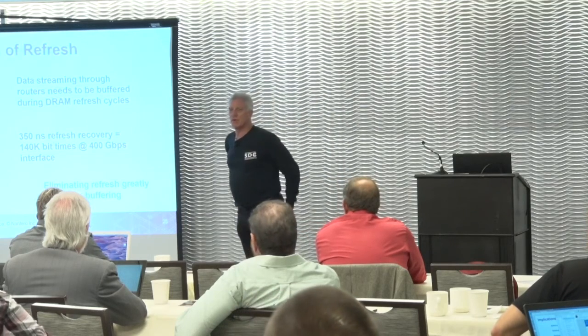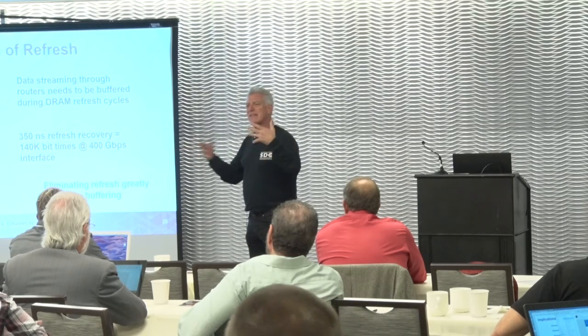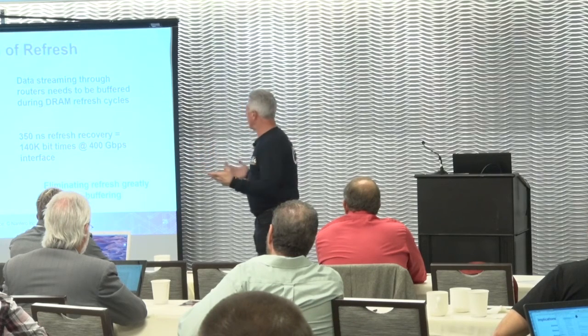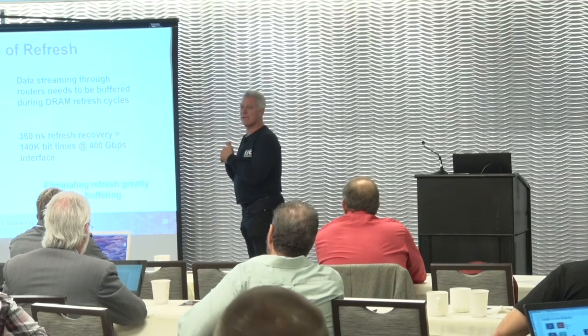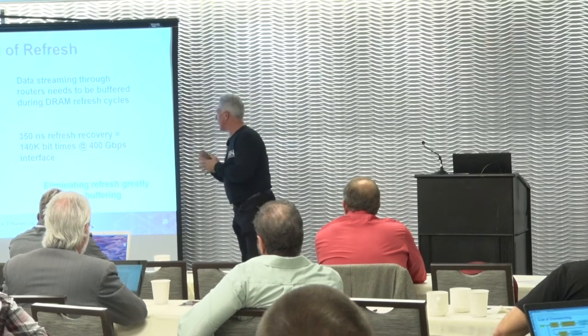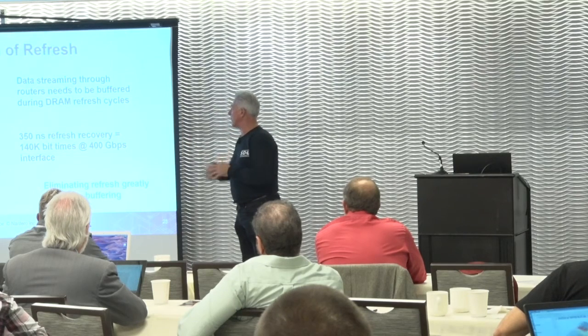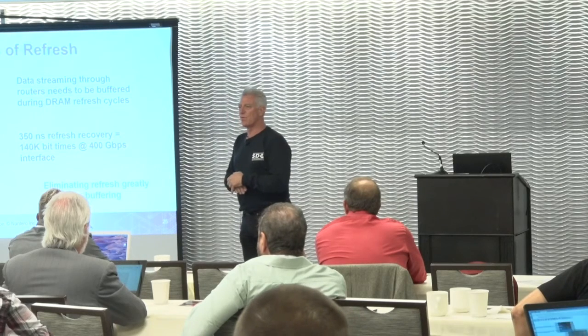Elimination of refresh. Okay, so we talked about that additional 15% bandwidth, but what about the latency hit? If you're doing a 400 gigabit per second Ethernet card, it's 350 nanosecond refresh recovery time, 140,000 bit times. Where's that data going to go?